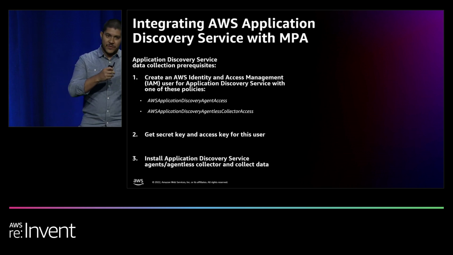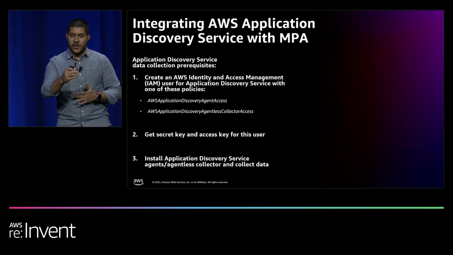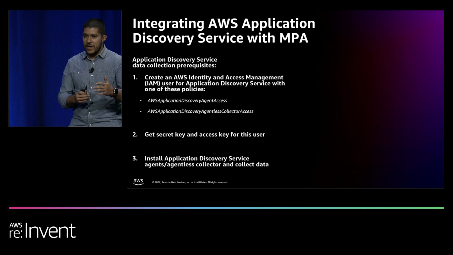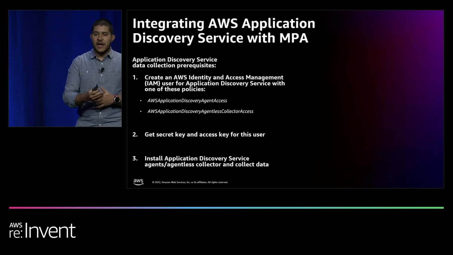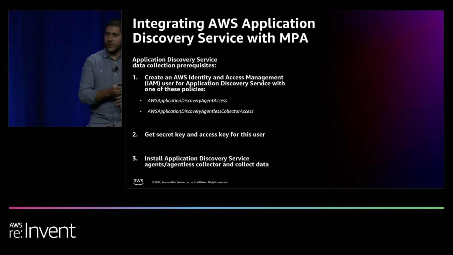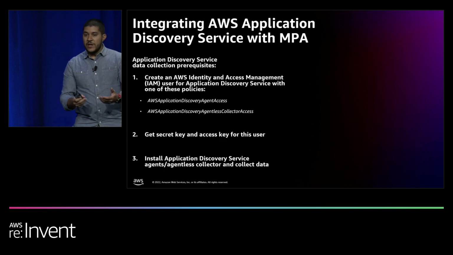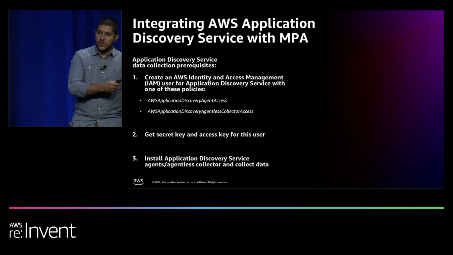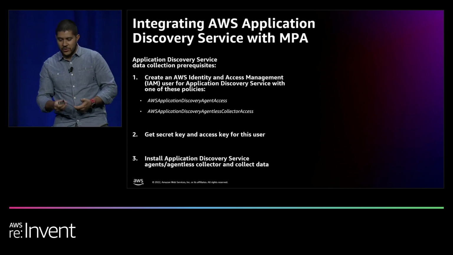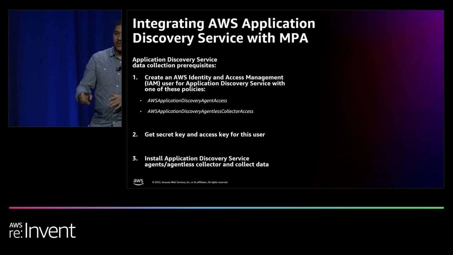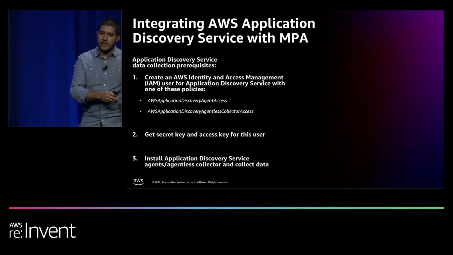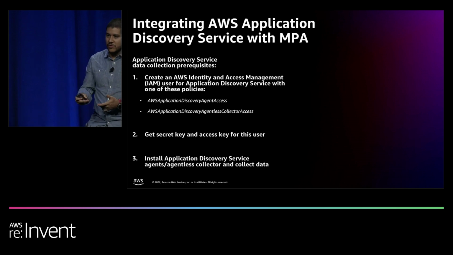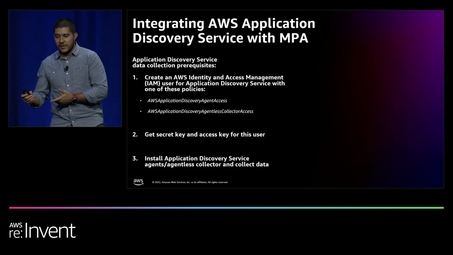So we have to choose if we are going to collect with agent or agentless collector, and then associate the right policy for that user. We need to get the access key, secret key, because we are going to use that to install the agentless or agent collector, and then we deploy the agent or agentless collector and start collecting data.